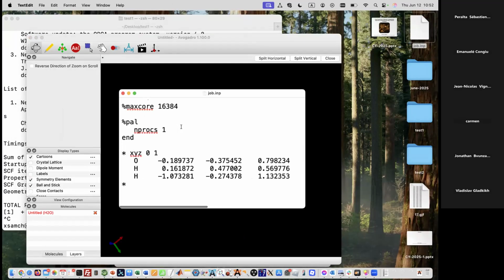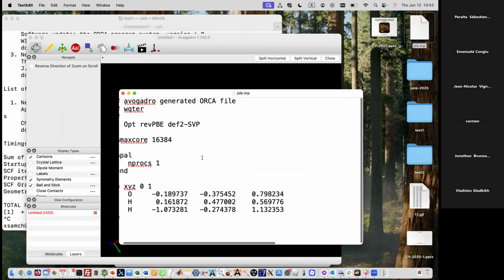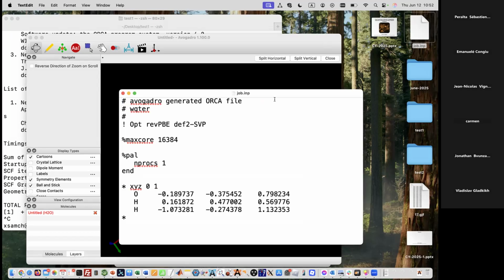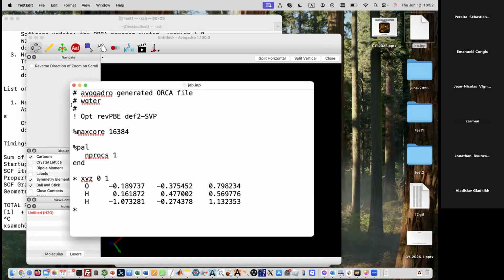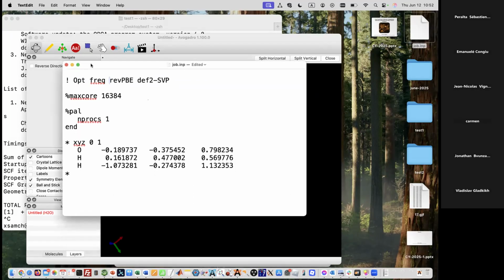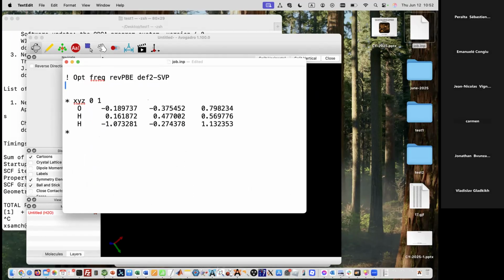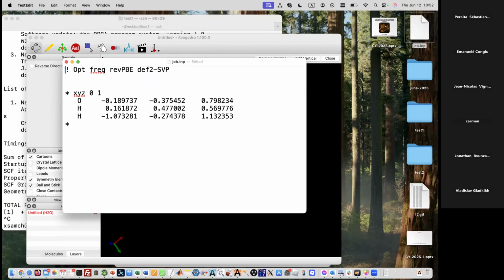This input file you can of course modify the way you like. So you can drop these keywords, and I will do the frequency at the same time. I'm using density functional theory. You can delete these keywords. In that case, it will use the default memory and number of CPUs.